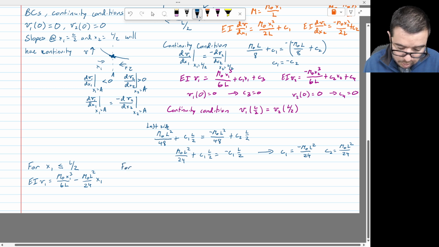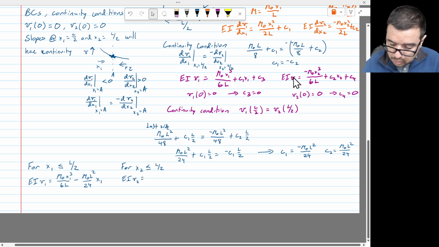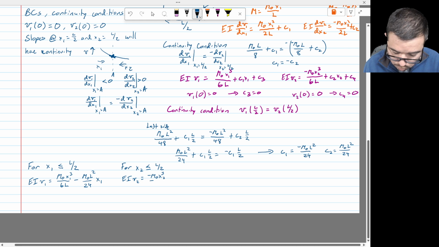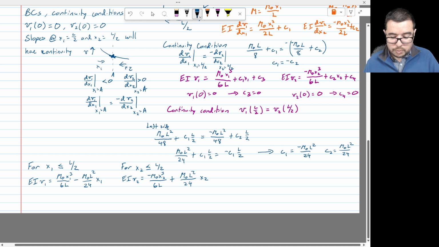For x2 less than or equal to L over 2, we have that EI lowercase v2 is going to be this expression that we have over here: minus m naught x2 cubed over 6L, plus m naught L squared over 24 x2.